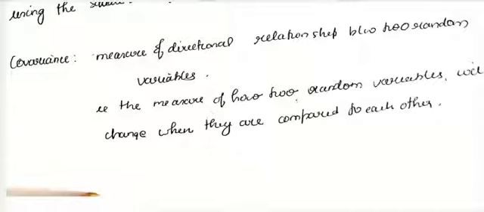That is a measure of how two random variables change when compared to each other. If it is a positive covariance, it means that if one increases, the other will also increase. If it is a negative covariance, it means that if one increases, the other will decrease. So that is known as covariance.